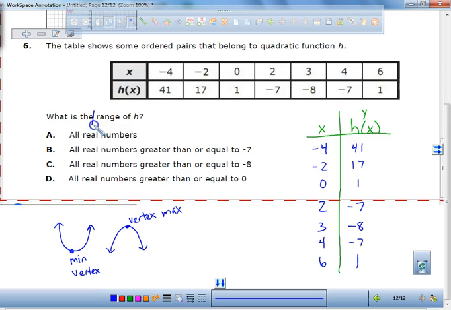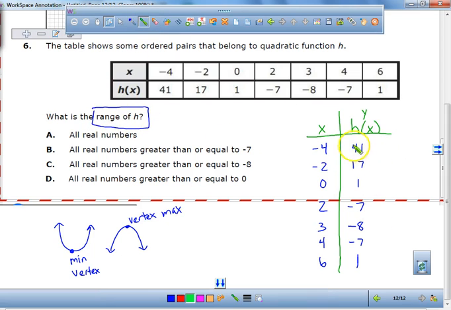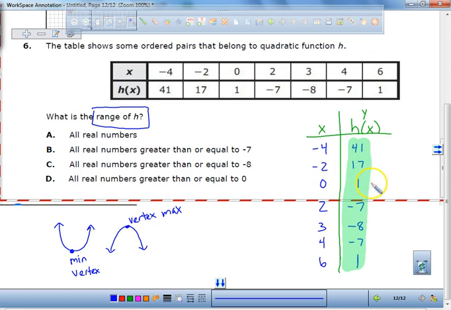So everybody, it says, what is the range of h? So I'm going to highlight just the range. Does everybody understand that the range is your y values? So check it out. You go from 41 to 17 to 1 to -7 to -8, then back to what? -7, then to 1. Everybody, this right here, this is your vertex. How do you know it's your vertex? Can you guys see how these are the same?